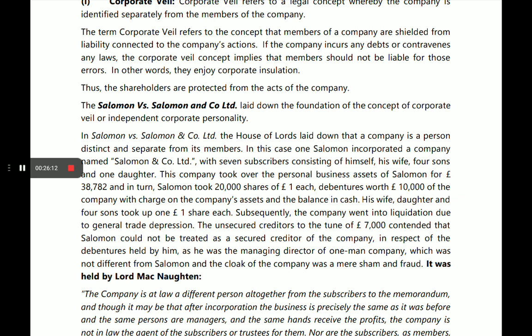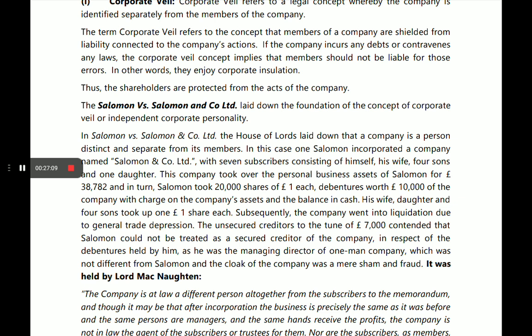The unsecured creditors, to the tune of £7,000, contended that Salomon could not be treated as a secured creditor of the company in respect of the debentures held by him, as he was the managing director of a one-man company, which was not different from Salomon, and the cloak of the company was a mere sham and fraud.